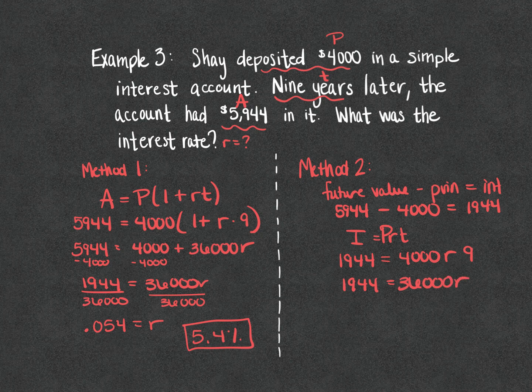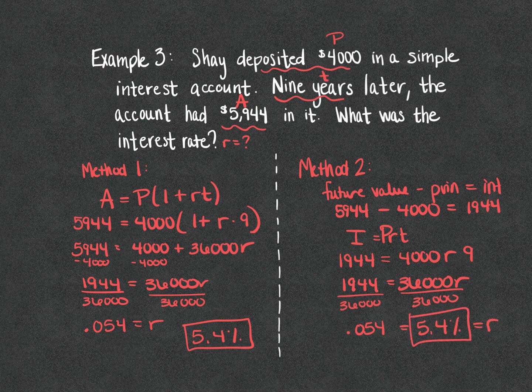And if you notice now, these two equations look exactly alike. We are in the exact same spot that we were before, just using a different version or a different method, if you will, for solving the problem. And so we'll get 0.054 or 5.4% is the interest rate.